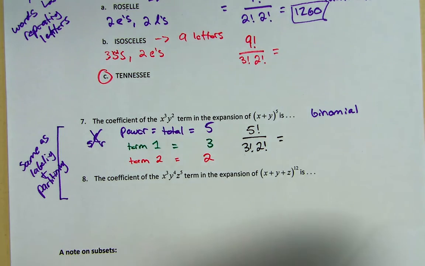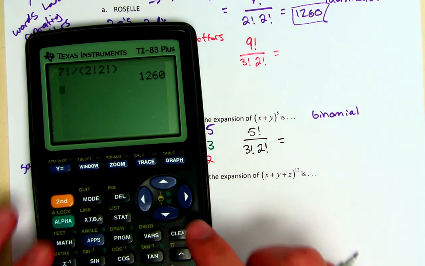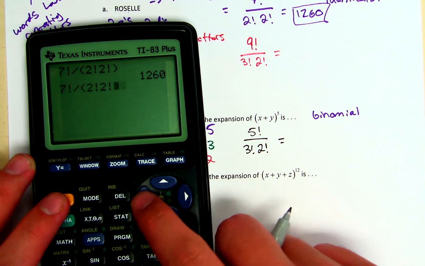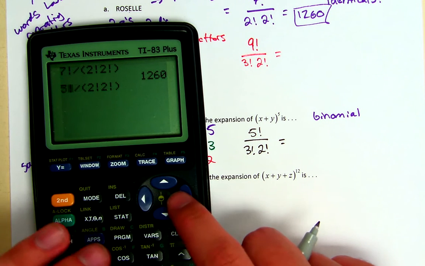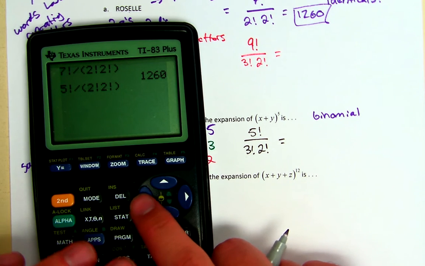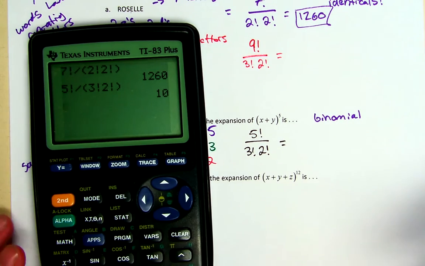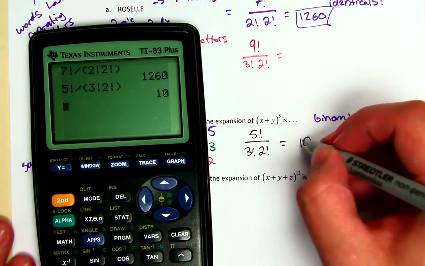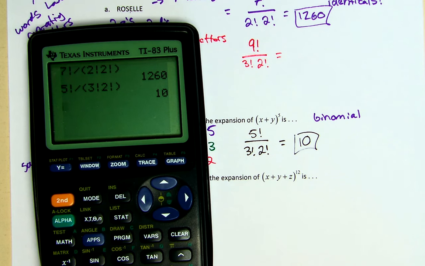So 5 factorial, again, I'm actually just going to take the second entry and edit it. So 5 factorial, divide out 3 factorial and 2 factorial. We only get 10. That's your coefficient, which I believe is 5 choose 2, maybe 3.